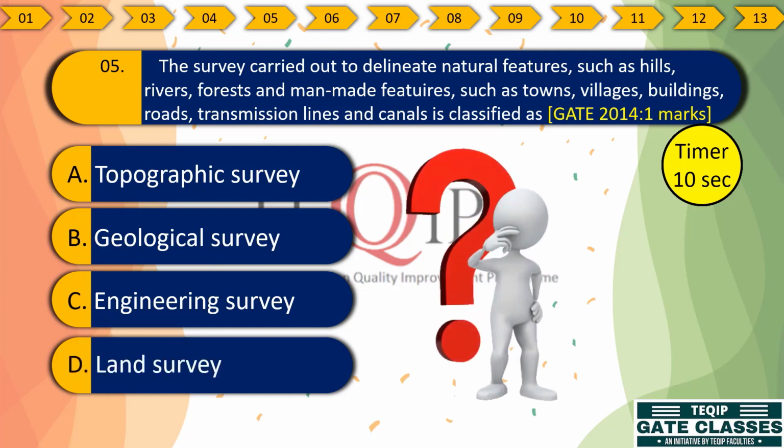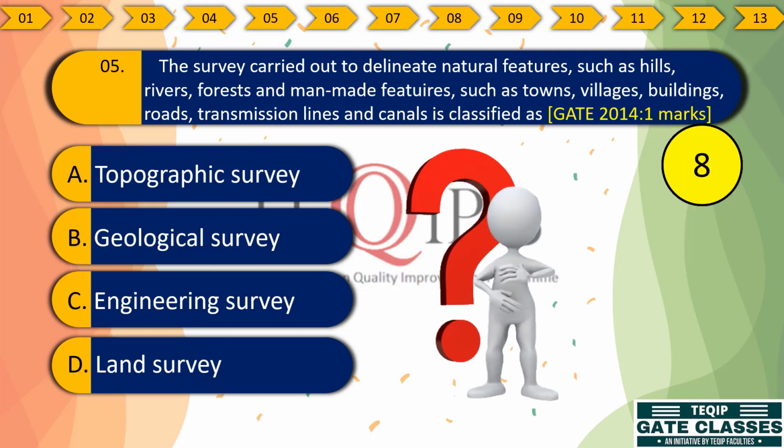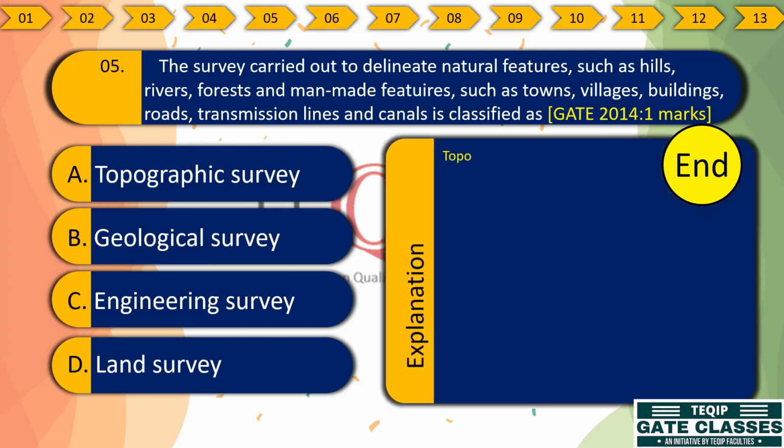This question comes from GATE 2014, which carries 1 mark. So your time starts now. Answer this question within 5 seconds. This is a definition based question. So time out. Come to the explanation part.